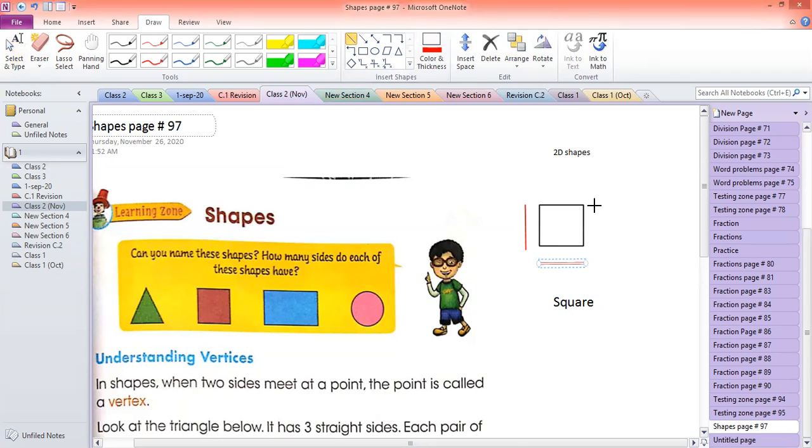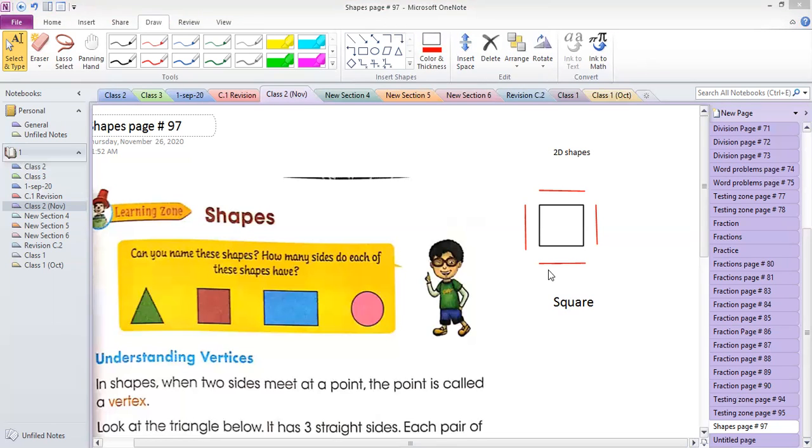Then this is the third one, and only one side is left, that is on the top of it. So can you tell me how many sides the square has, guys?